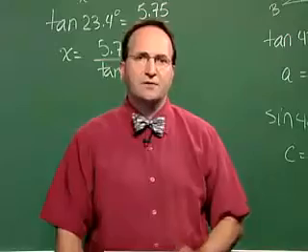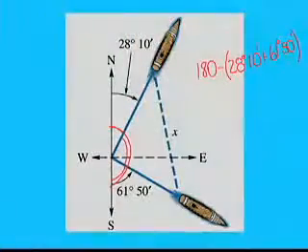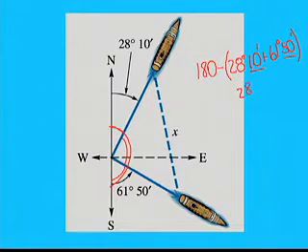So let's go back to the diagram, and I'll show you that if I add 10 minutes plus 50 minutes, that's 60 minutes. And 60 minutes makes a full degree. So what I would have is 28 plus 61 plus 1 degree, which adds up to 90.